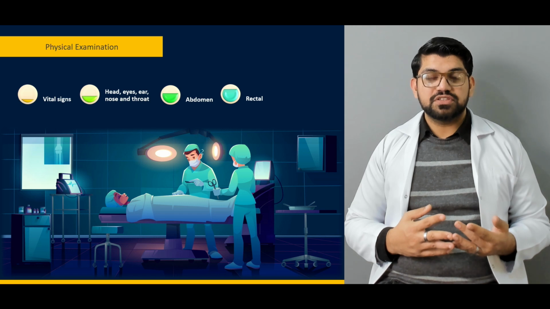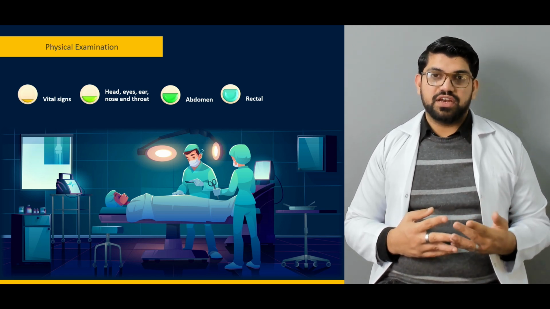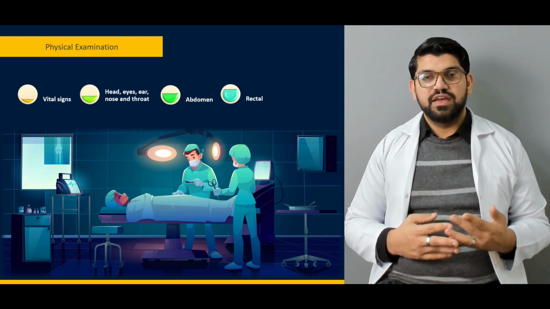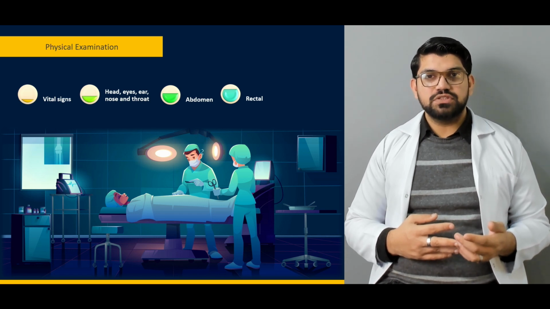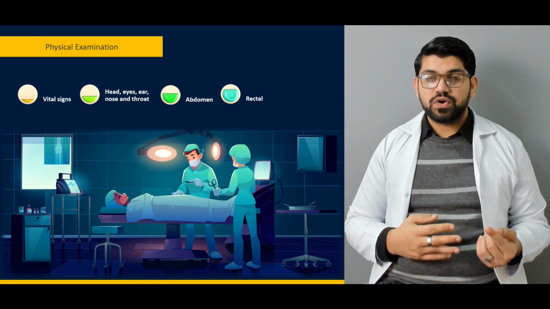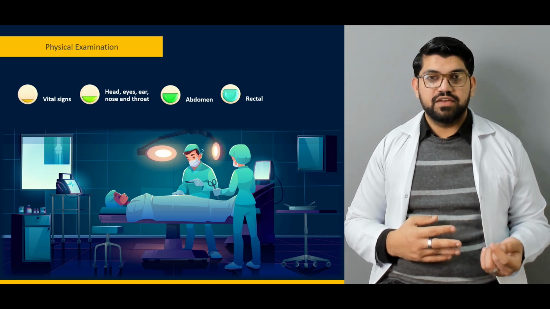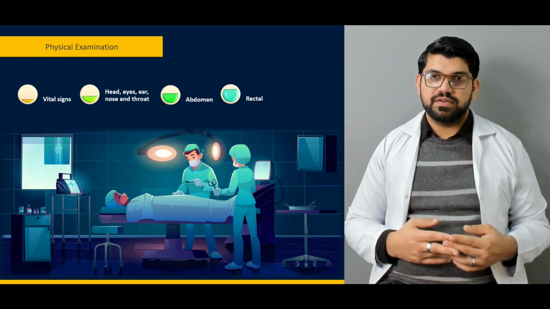Rectal examination can give you baseline information on whether this patient is bleeding or not. What to look for in rectal examination? Fresh blood or melena. Melena is a sign of upper GI bleed. Fresh blood can be a sign of lower GI bleed.